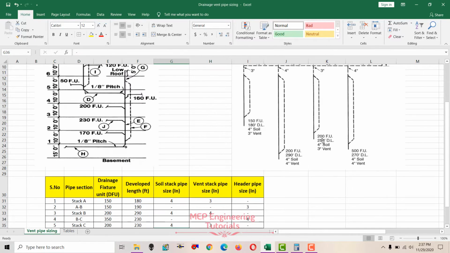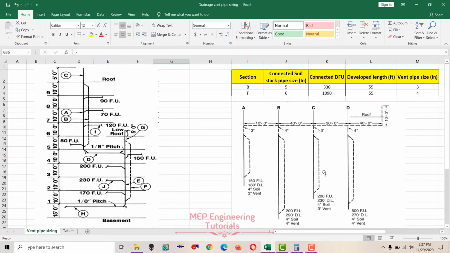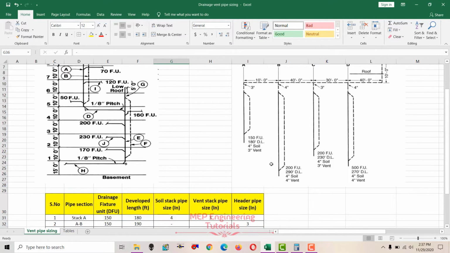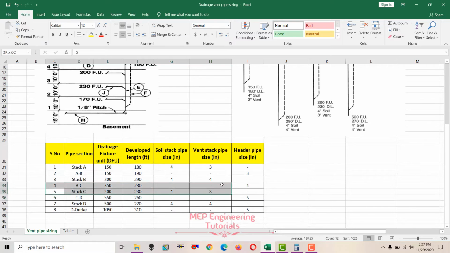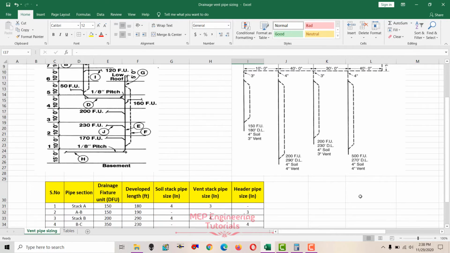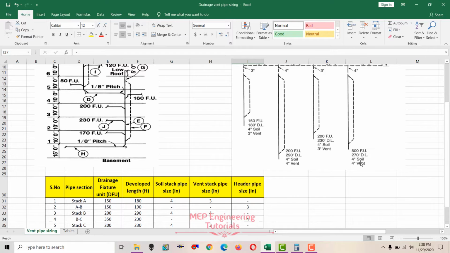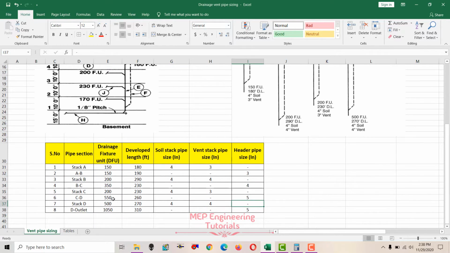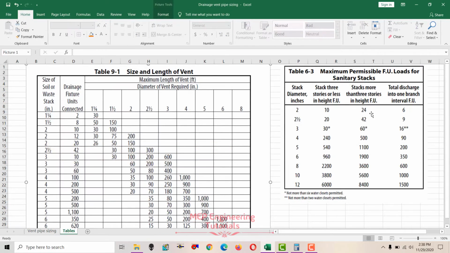So now I'm gonna skip C to D. B to C is already done, so I'm gonna skip C to D and stack C just to save the time. So I'll go for the last one, stack D, 500 fixture units and 270 developed length. First check the soil stack pipe size for 500 fixture units. So again table 6-3, 500 fixture units, soil stack pipe size is 4 inches.